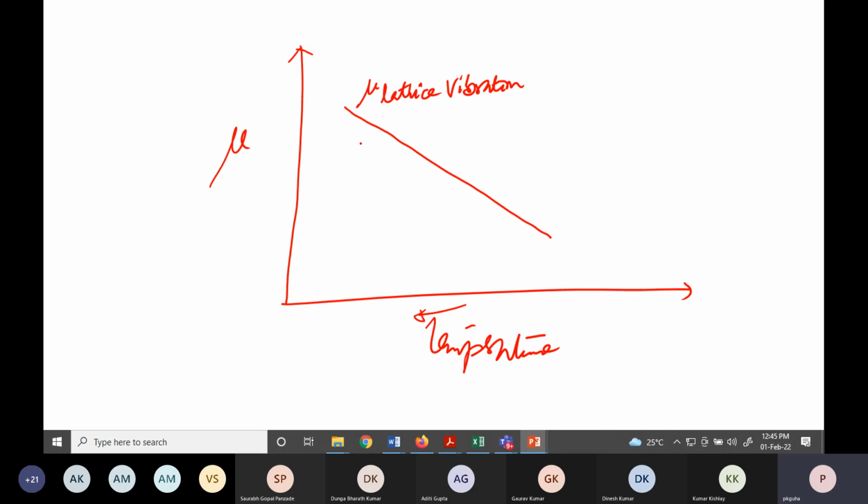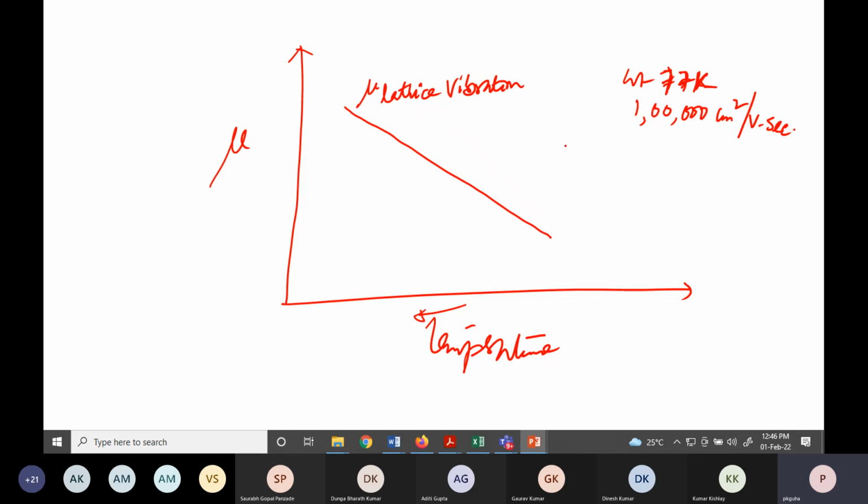In fact, the reported result is that we can get mobility of the order of 1 lakh with such devices at 77 K. So if you reduce the temperature quite a lot, you can get very much higher mobility from this device.